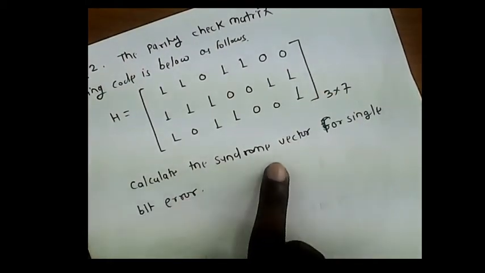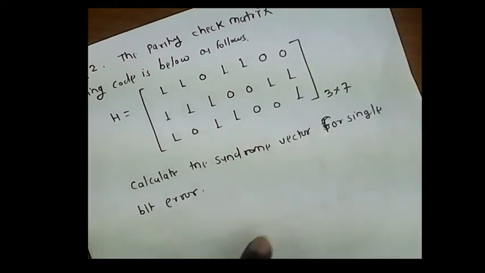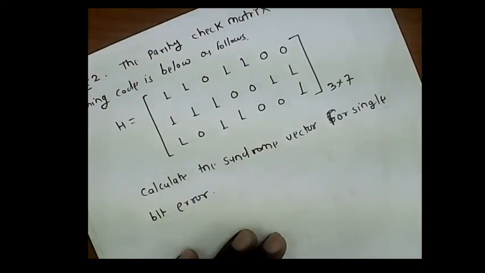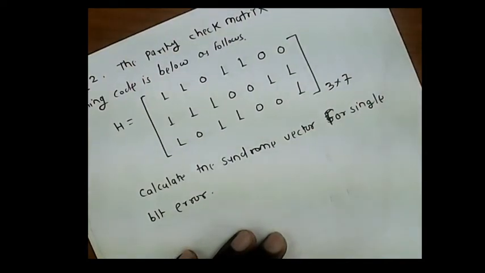Calculate the syndrome vector for a single bit error. The dimension of a code vector is 1 by 7, so there is a possibility of a single bit error in 7 different positions of a given code vector.